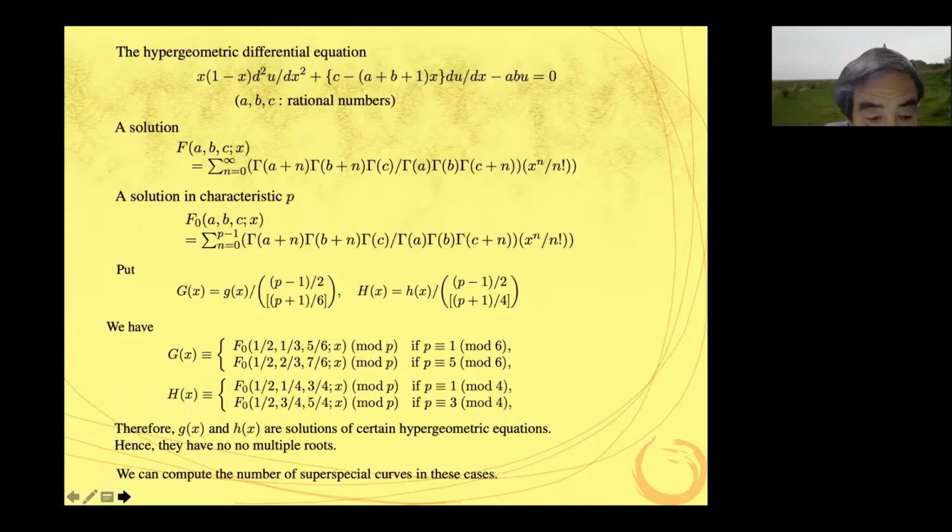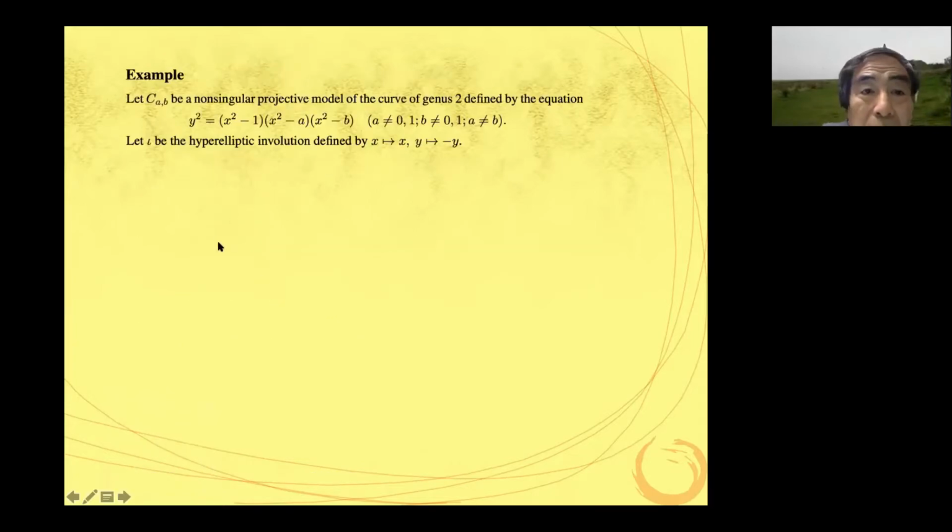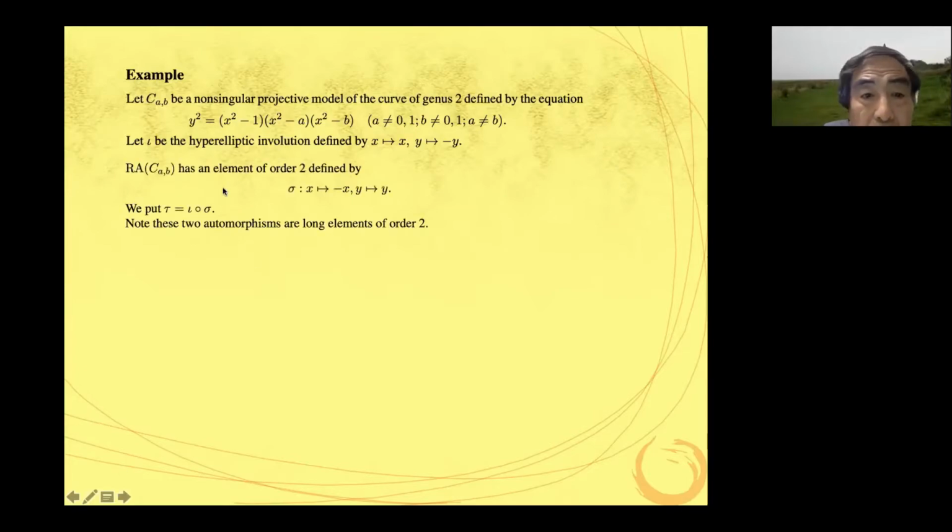And so now we give an example of a decomposed Richelot isogeny. First, we consider the non-singular projective model of a curve of genus 2 defined by an equation like this. And iota is the hyperelliptic involution, which is given like this. And we also have an automorphism, an element of the reduced automorphism group.